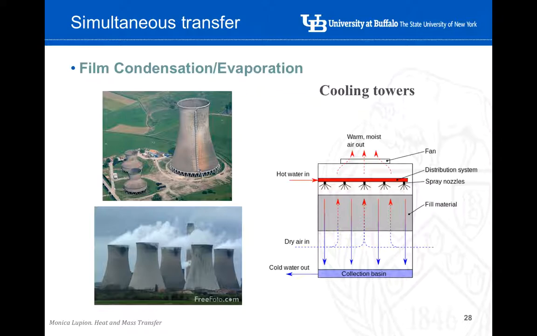And in order to cool down the temperature of the water, you normally have this kind of parabolic chimney where you can use air and the difference in the concentration, that is the humidity, to cool down the temperature of the water.